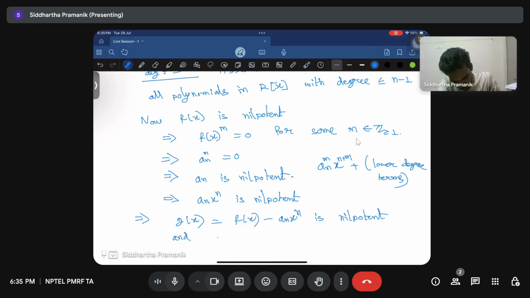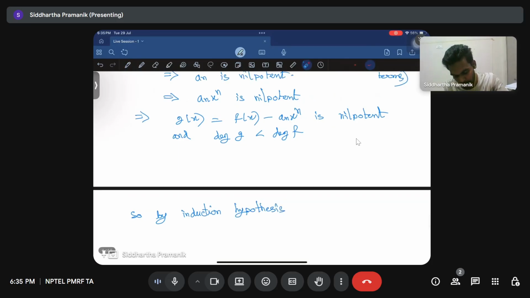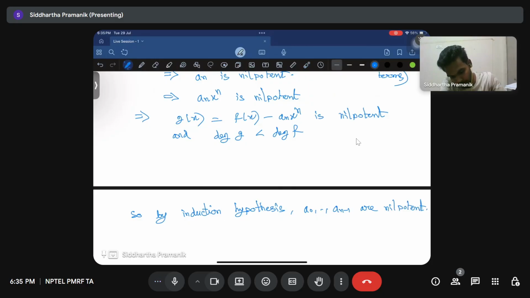And the degree of gx is strictly less than the degree of f. So by the induction hypothesis, all the coefficients of gx, which are a0 up to an minus 1, are nilpotent. And we have already proved that an is nilpotent. So we are done.